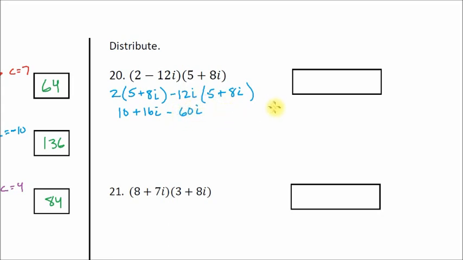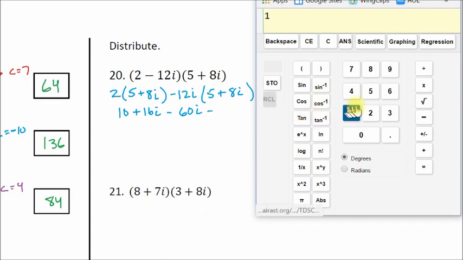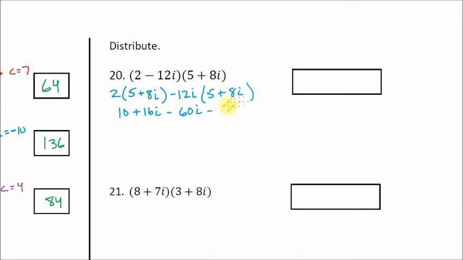If you need to use your calculator for that, no problem. 12 times 8, I know it's going to be negative because it's a negative times a positive. 12 times 8 equals 96. Both terms had an i in there, that's going to be i squared.